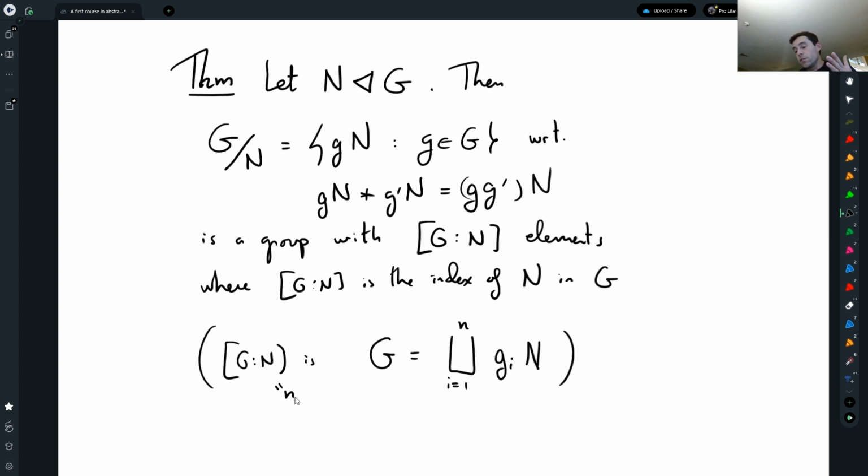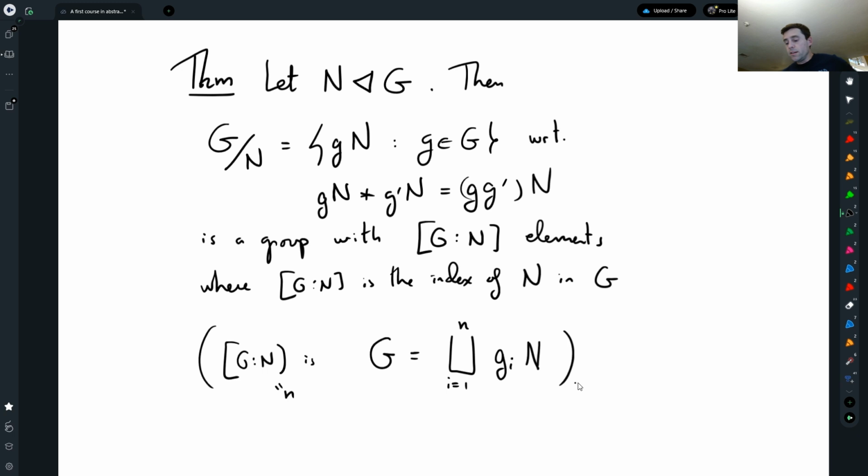If the index is infinite, then it is infinite. But if it is finite, then it is the finite number of cosets that cover all of G. Okay, so that is the index.